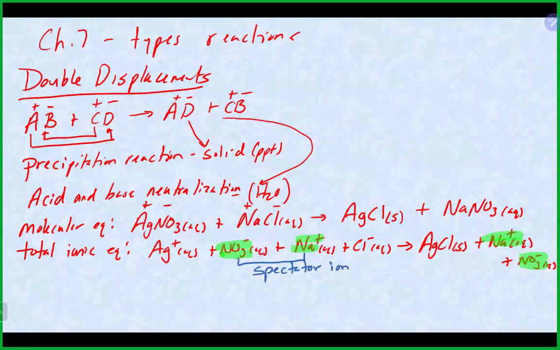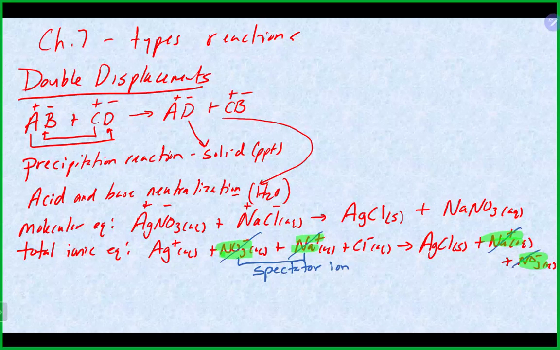They're not directly related to or important in terms of the product being formed in this reaction. Typically we cross out our spectator ions, and we're left with the third type of equation we talked about, the net ionic equation. That is the equation that tells you exactly what is happening in this reaction.